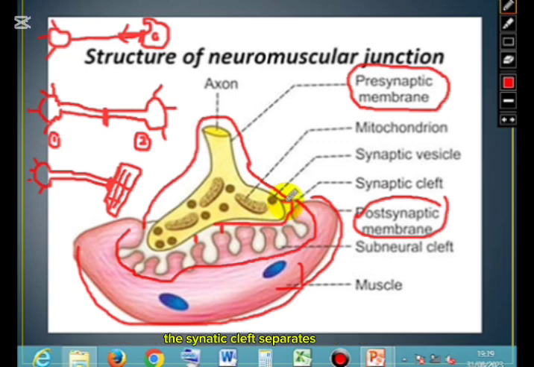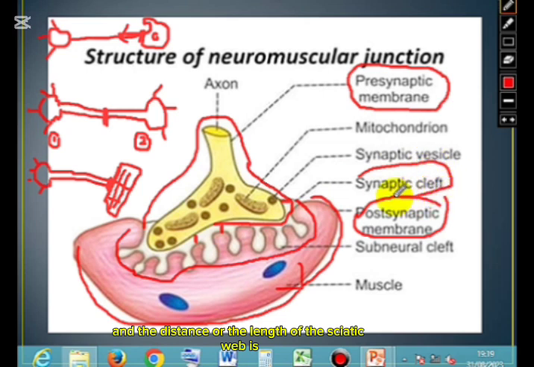Okay? The synaptic cleft separates the presynaptic button from the postsynaptic button, and the distance or the length of the synaptic cleft is 20 nanometers. Alright? And it has a function, but we'll get to know all of that as we proceed.